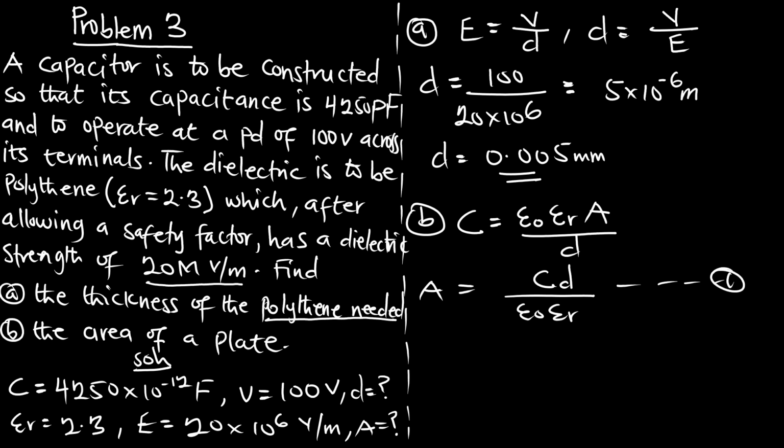If we put in the values, then our area is going to be, now the capacitance, which is 4250 picofarad, and our distance from the A part. Since we are working in meters, which is the standard unit, let's take the meters part to work, because already we can see that all the units are in the normal standard units.